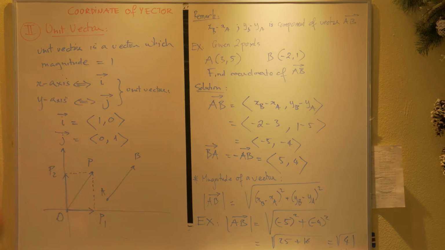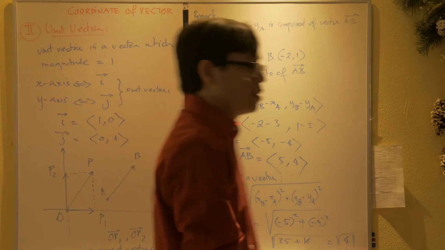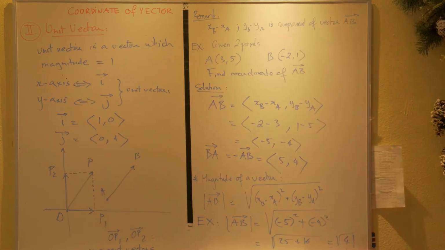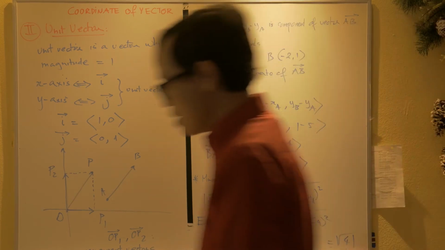So vector OP1 and vector OP2, we call component vectors. And because they are vectors, of course they have coordinates.